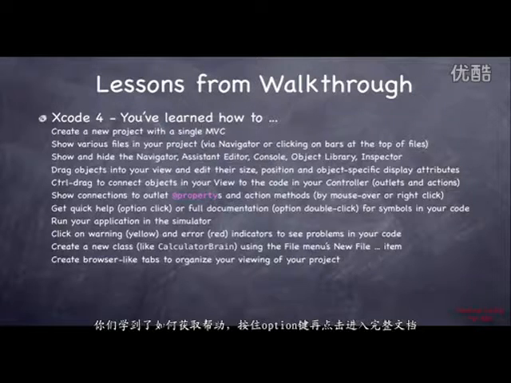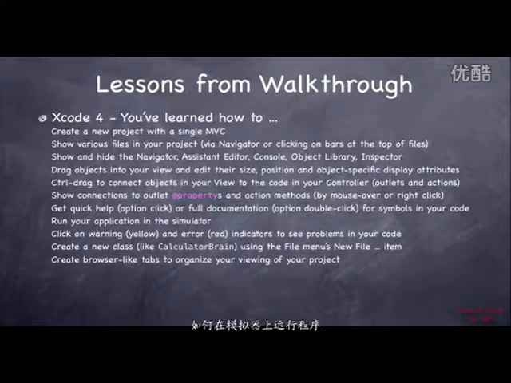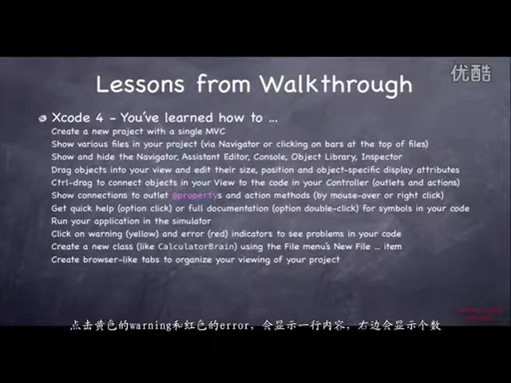You learned how to get help by using the Option key and clicking on text, or Option double-clicking to bring up the full documentation. You learned how to run your application in the simulator, obviously. You learned how to click on the yellow warnings and the red errors. And you know, sometimes you have multiple errors on one line, and if you click on the little yellow or red thing, then over on the right-hand side, it'll have a number like 2.